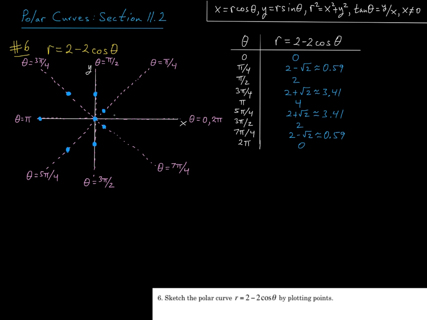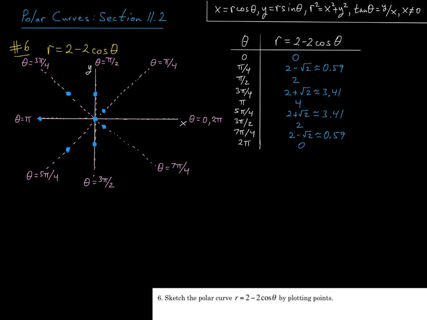Okay, so I'm going to go ahead and put these dots in the picture. Then if I rotate from pi over 4 to pi over 2, my radial distance increases from 0.59 to 2.